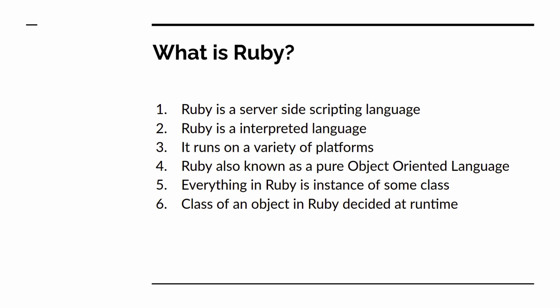That's it. And now, the fourth and fifth point: Ruby is also known as a pure object oriented language, and everything in Ruby is an instance of some class. Why am I saying that Ruby is a pure object oriented language? Because everything in Ruby, no matter whether it is a variable or an object of some class, is considered to be an object. Except methods.